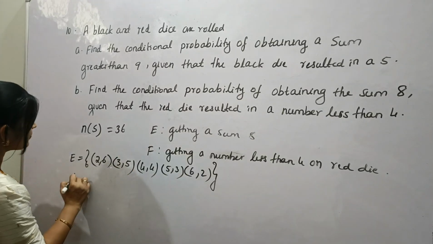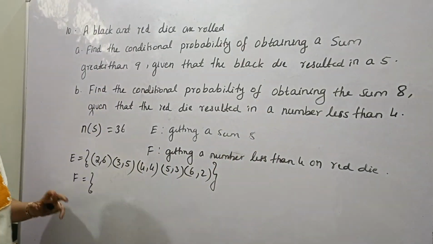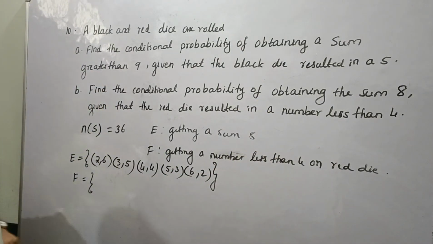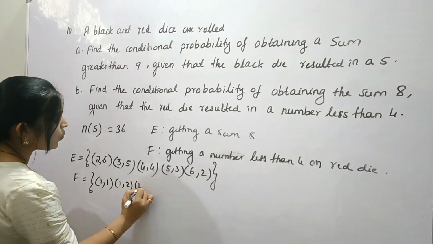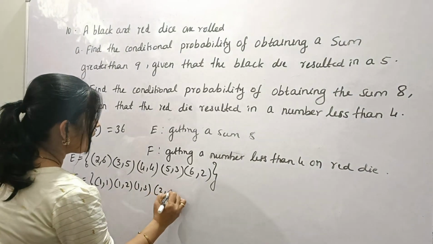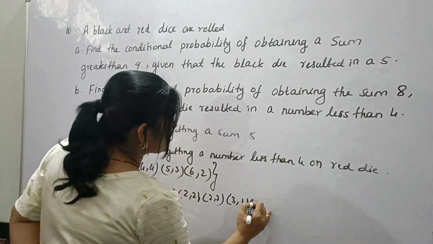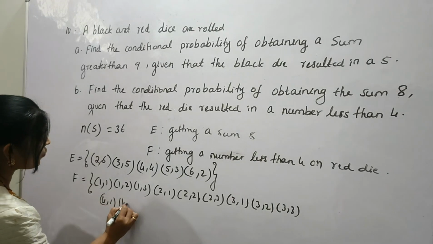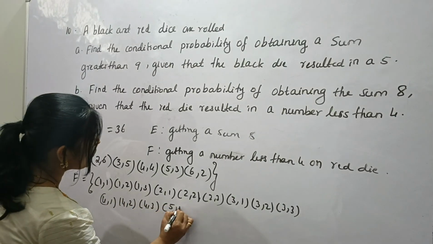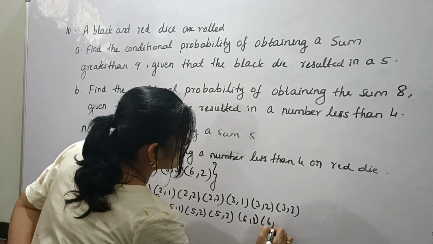Next, elements of F. Possible outcomes of F are getting a number less than 4 on the red die, so the second number should be less than 4, and the first number can be any number. 1,1; 1,2; 1,3; 2,1; 2,2; 2,3; 3,1; 3,2; 3,3; 4,1; 4,2; 4,3; 5,1; 5,2; 5,3; 6,1; 6,2; 6,3.